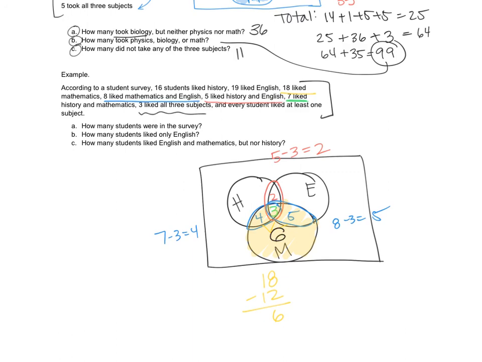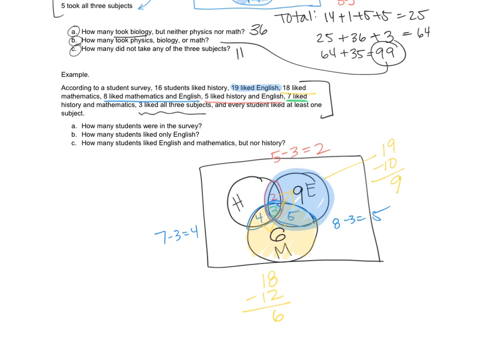Then I want to look at the 19 that liked English. So that's filling up the English circle, which has to add up to 19. So far, we've used up 2 plus 3 is 5, plus 5 more, that's 10. So the total English is 19 minus 10, which leaves 9. So there's going to be 9 people living in there.